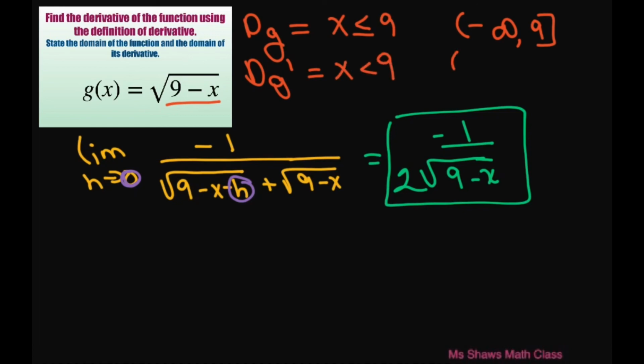So that means it's going to be negative infinity to 9, open interval here. And that's because this cannot be 0. You cannot divide by 0. So that's why these domains changed. This one we didn't have to worry about the 0 because you can take the square root of 0. But this wasn't in the denominator. So that's the difference between the two.